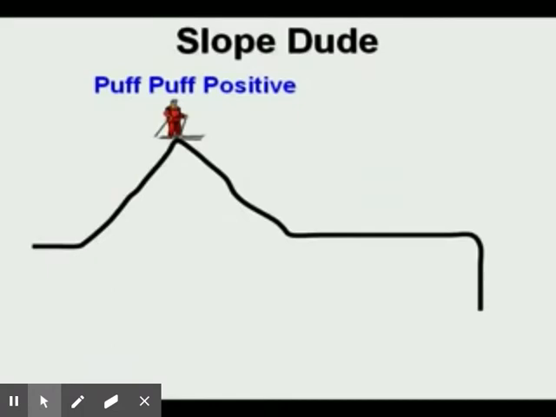It was puff, puff, positive all the way up the mountain, but now he can look forward to the downhill. On the way down the mountain, he says, nice, negative, nice, negative, nice, negative. And now, after the downhill, he's in for the hardest part of the ski route, the long, flat part. He says, this is zero fun. This is zero fun.